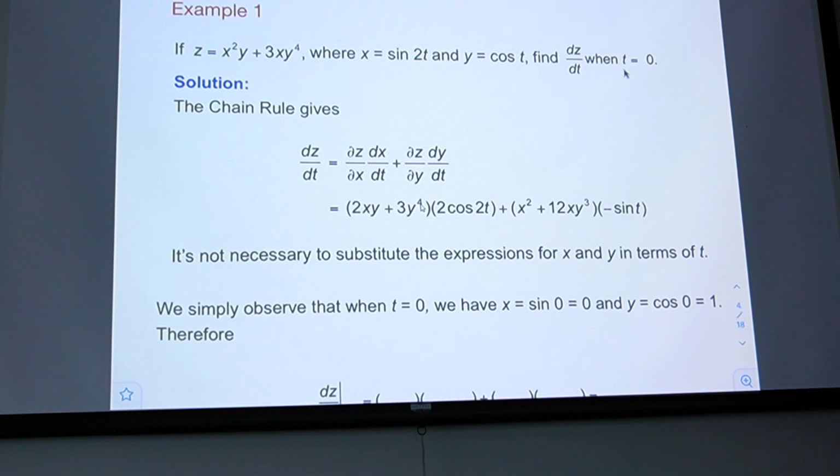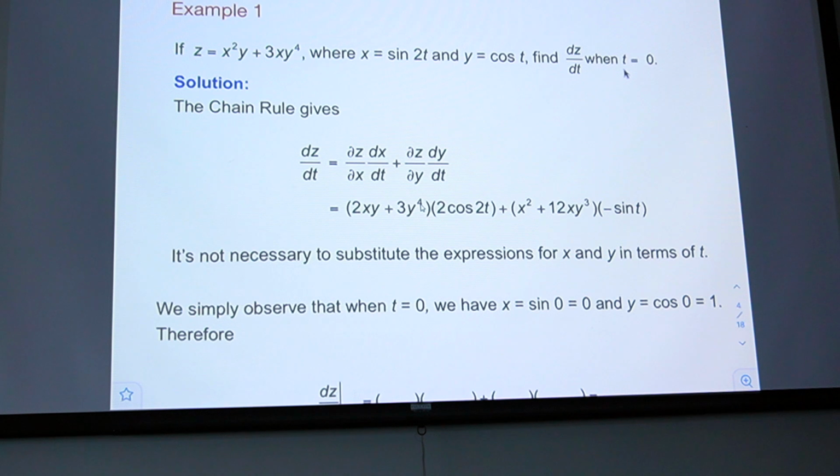Okay, now it is not necessary to substitute the expressions for x and y in terms of t. So do not substitute x equals sine 2t or y equals cosine t in here; just keep it simple like this.